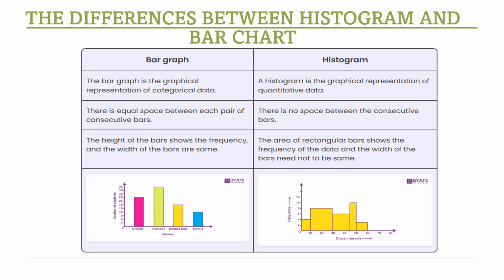In the histogram, the bars are adjacent to each other. In statistics, bar charts and histograms are important for expressing a big number of data. The similarity between bar chart and histogram is both are pictorial representations of grouped data.